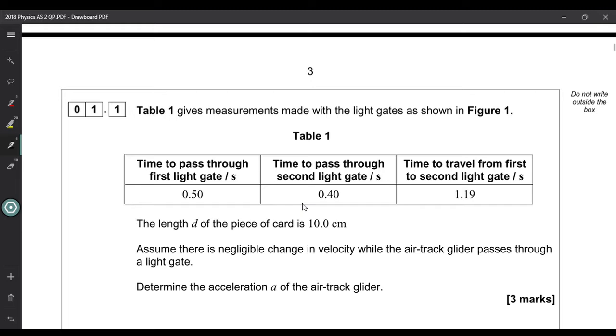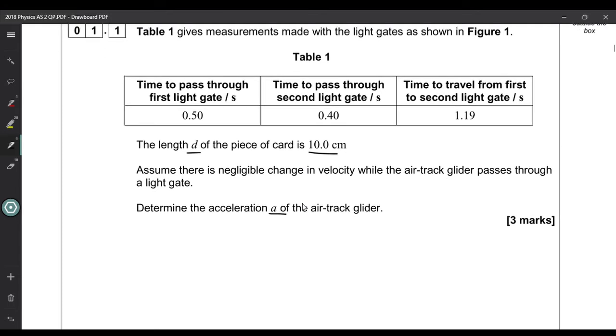So we've got the time to pass through light gate 1, the time to pass through the second light gate, and the time to travel between them both. It says the length D of the piece of card is 10 centimeters. Assume there's a negligible change in velocity while the air track glider passes through the light gate. Determine the acceleration.